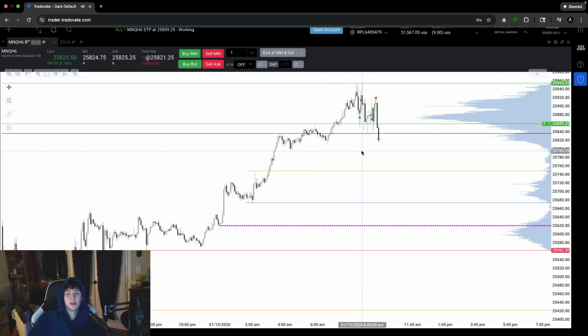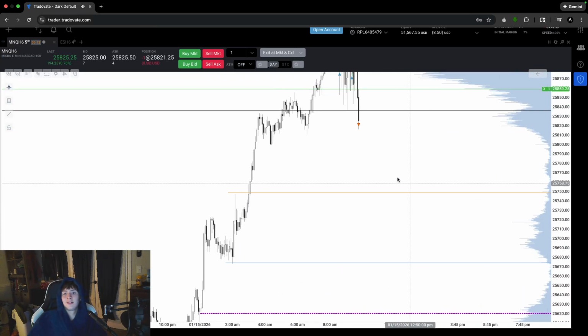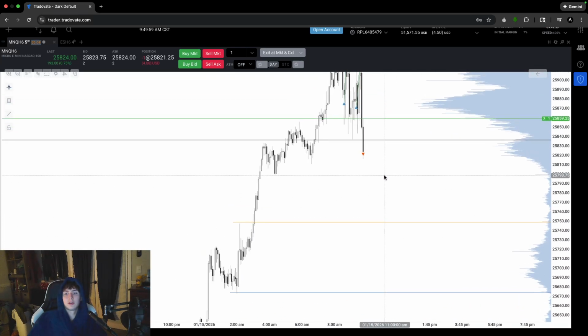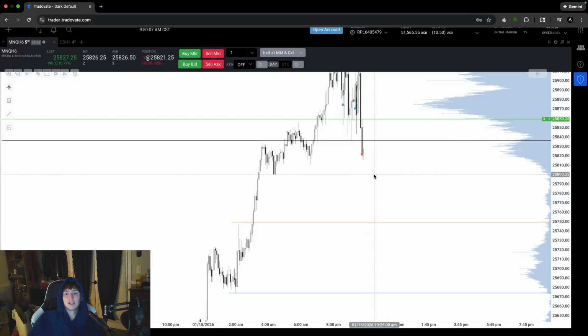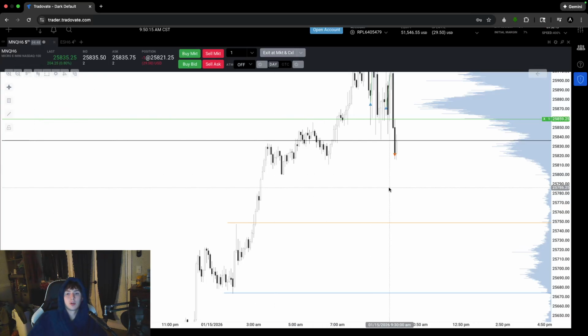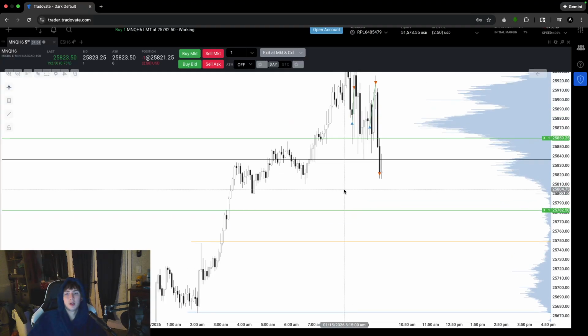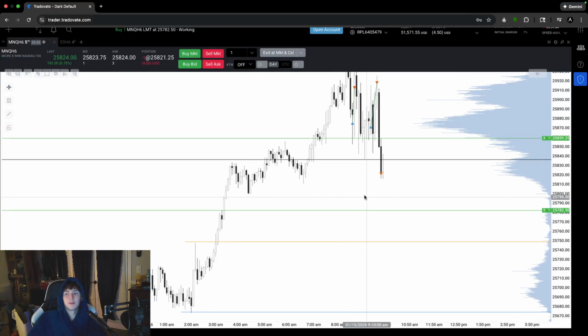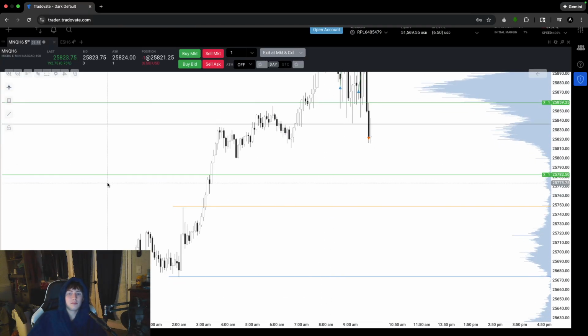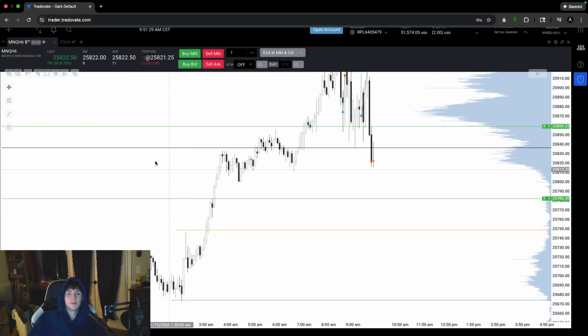This is not a valid trade either. What should we target? This low or this low? Or should we target right there? Target right there. Lowest 5 minute fair value gap in this little thingy right there.